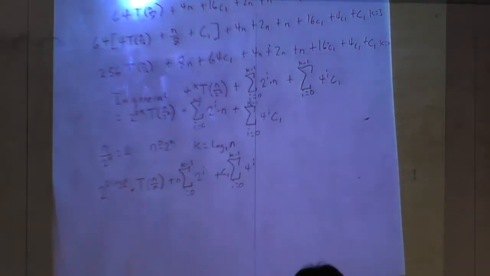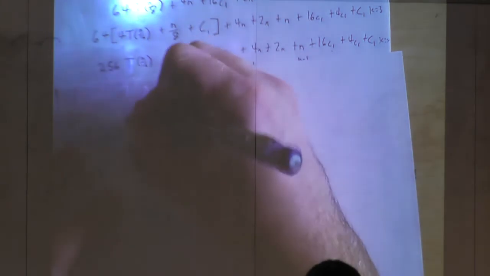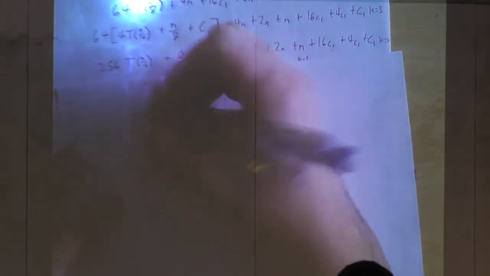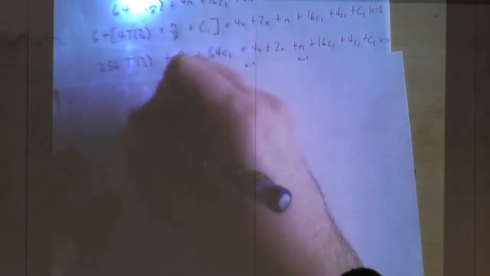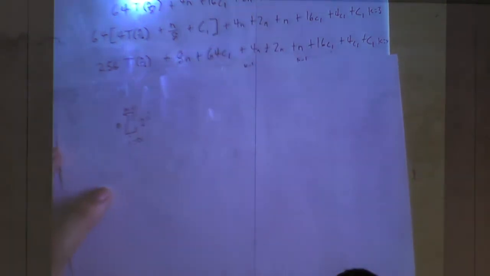Okay. Now I'm going to pull another piece of paper out over here, and we're going to work out these two summations, which will be very similar to the previous ones, and then we'll come back and finish it out right here. So we have the summation from i equals 0 to k minus 1, n times 2 to the i. Now we're going to do the same trick we did before.